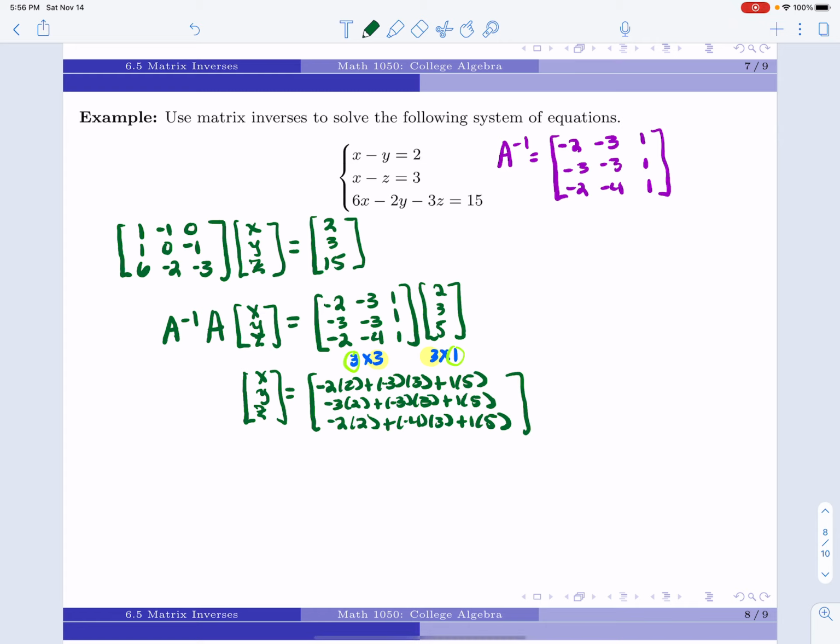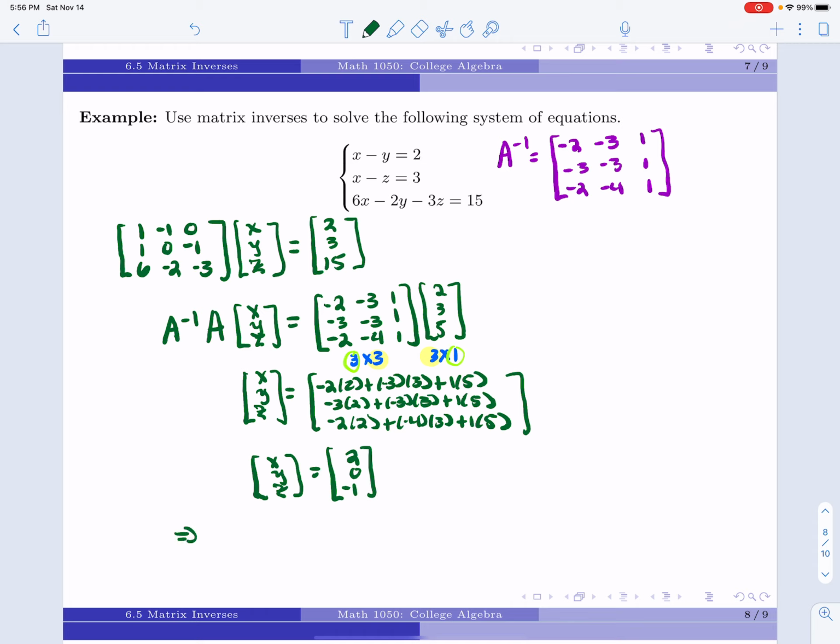Okay, so simplifying, we get x, y, z is equal to, so our first row adds up to 0, our second row adds up to 2, and our third row adds to -1.